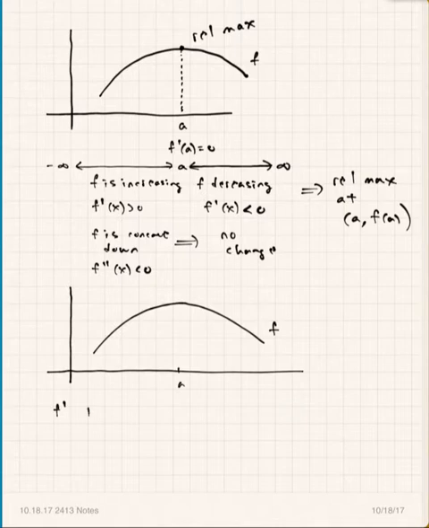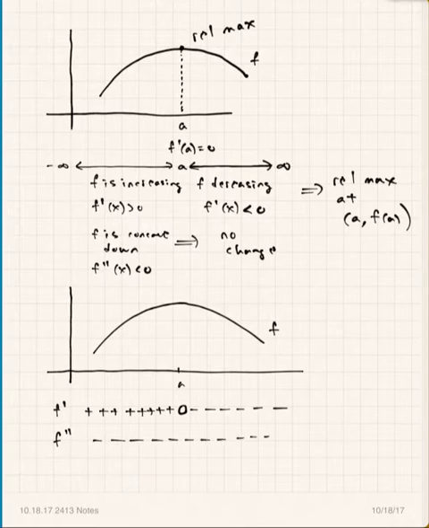F prime is positive until you get to a, then at a it's 0, and then f prime is negative afterwards. Right? The function's rising and then it's falling. So its derivative goes from positive to negative. And then its second derivative, well, the function is concave down through the entire interval, and so the second derivative is always negative in that interval. There's no change in its second derivative sign anywhere in there.